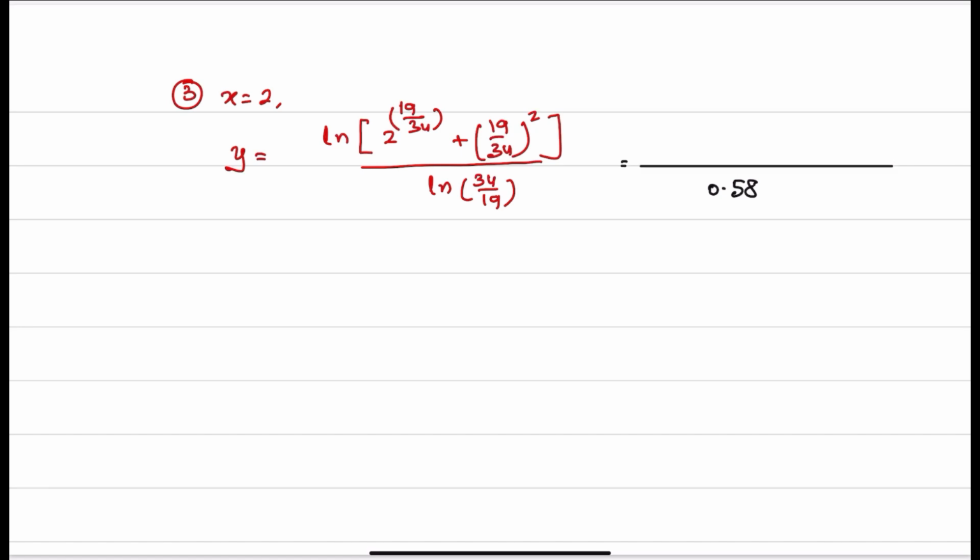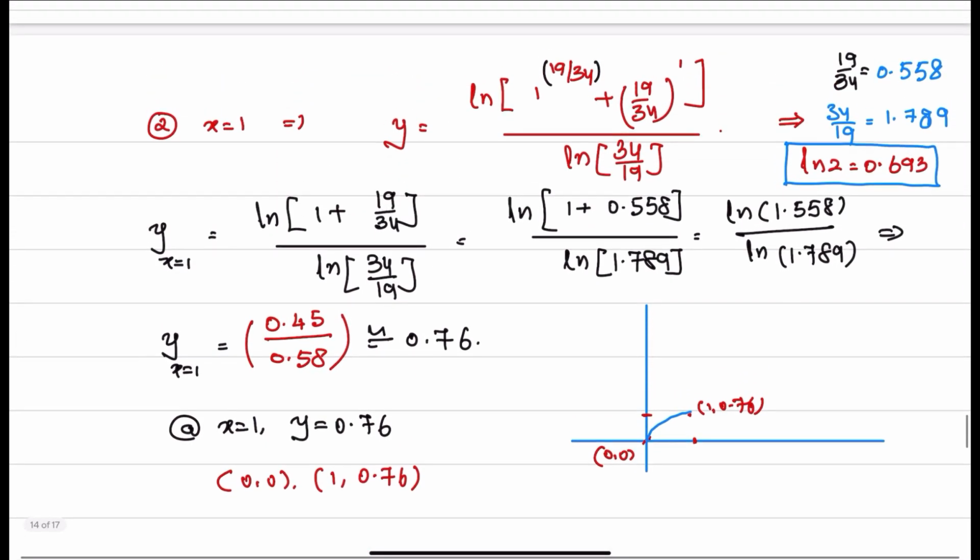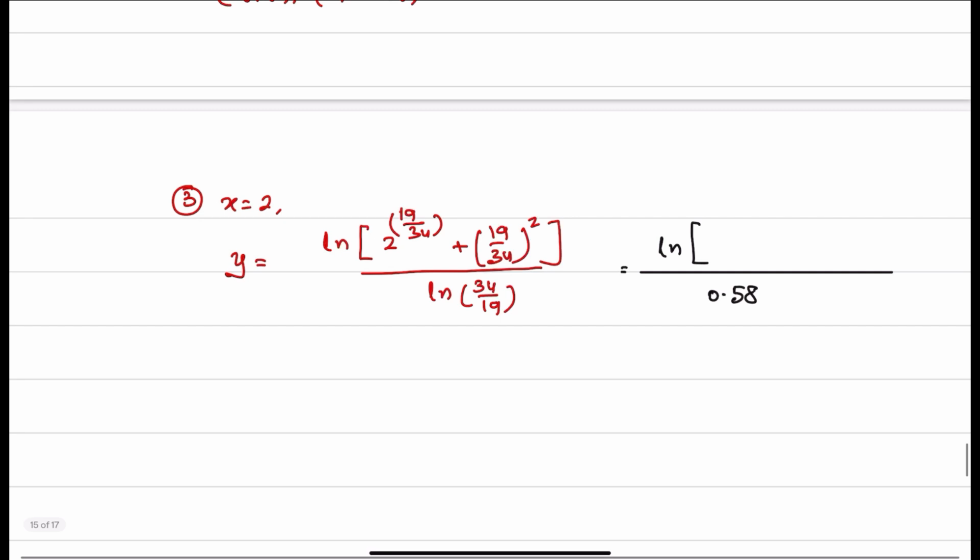Numerator is changing. ln 2 to the power of 19 by 34. What is 19 by 34? 19 by 34 is equal to 0.558. 2 to the power of 0.558. Can we approximate and increase a little bit from square root of 2? Square root of 2 is equal to 2 to the power of 0.5, that is equal to 1.414.